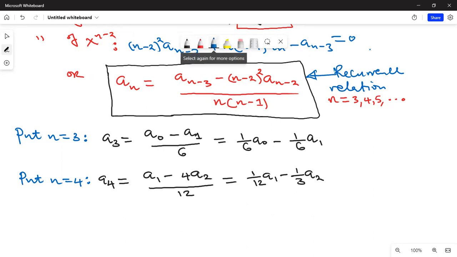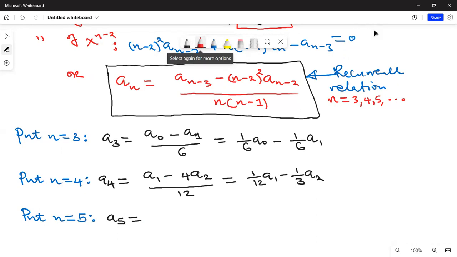Maybe you can try when n is 5. So you can say put n equals to 5. What are we going to get? We're going to get a5 equals to, but before I write the solution for a5, look at our value of a2.